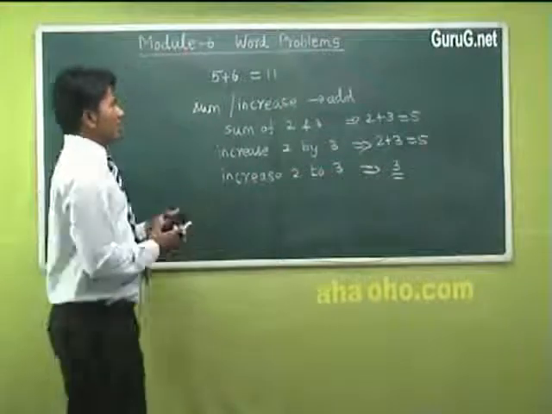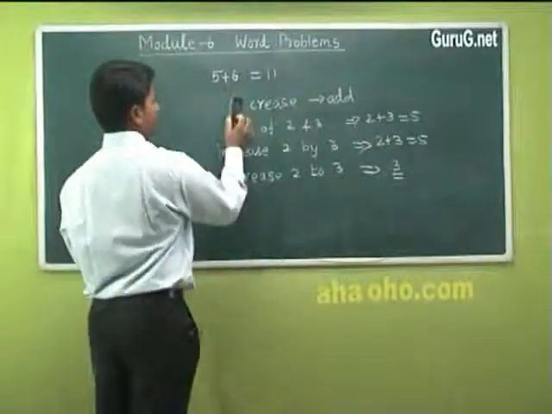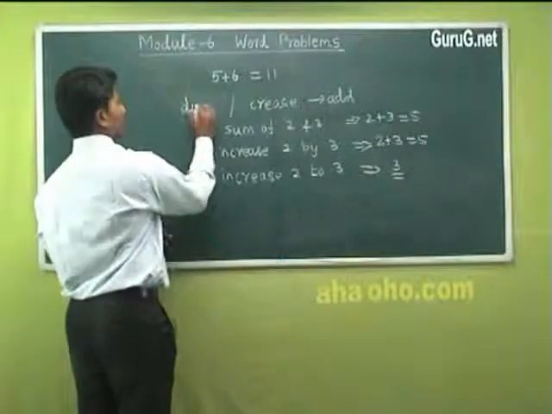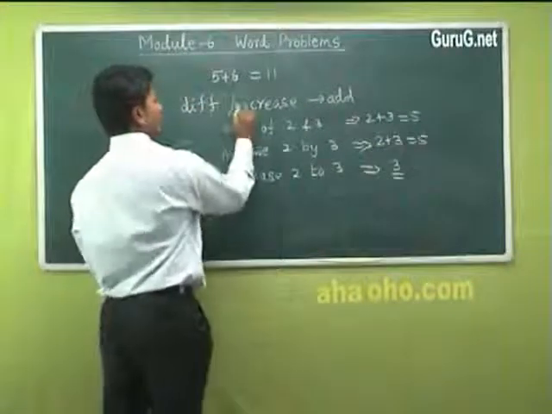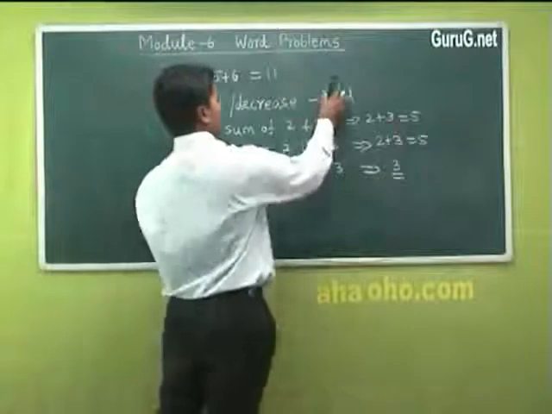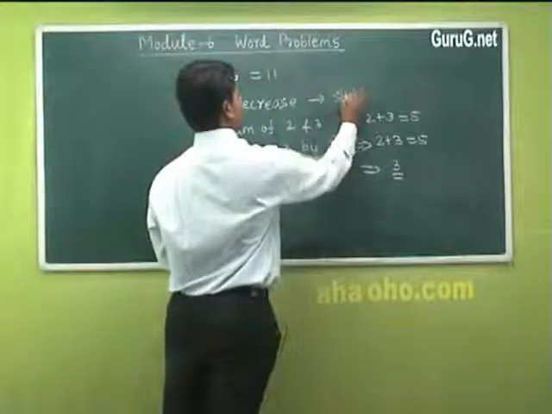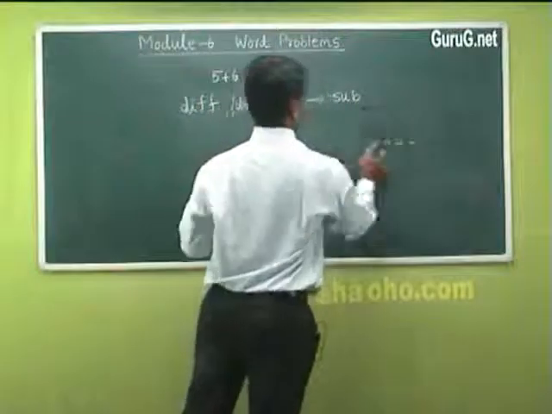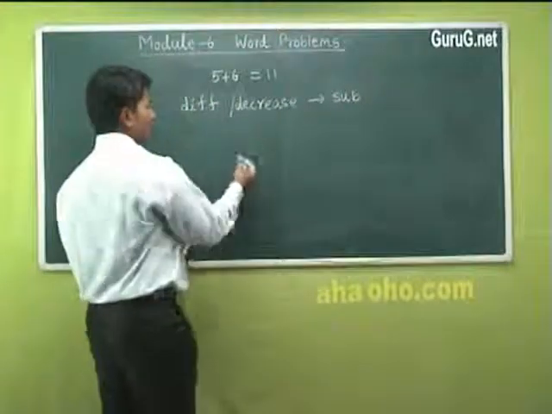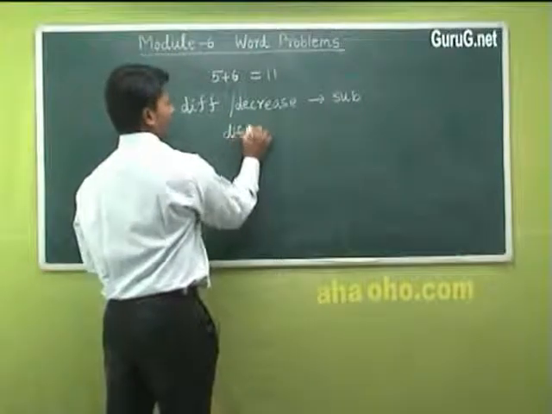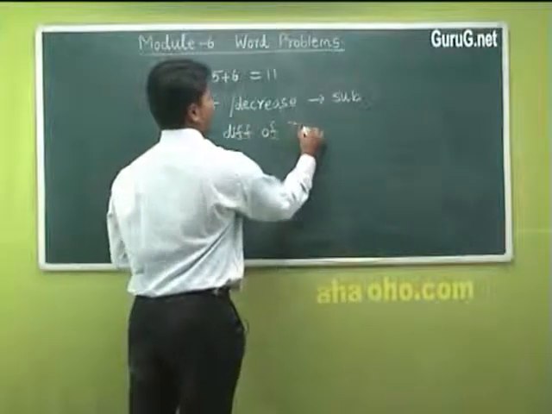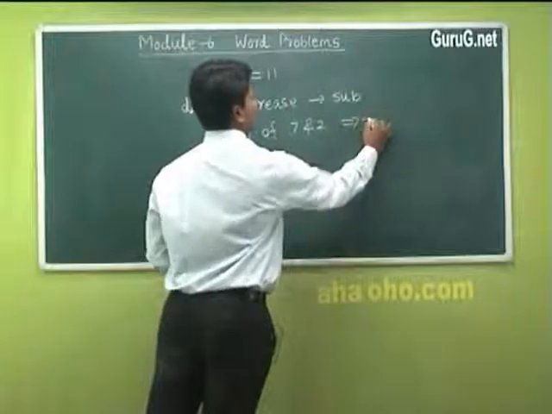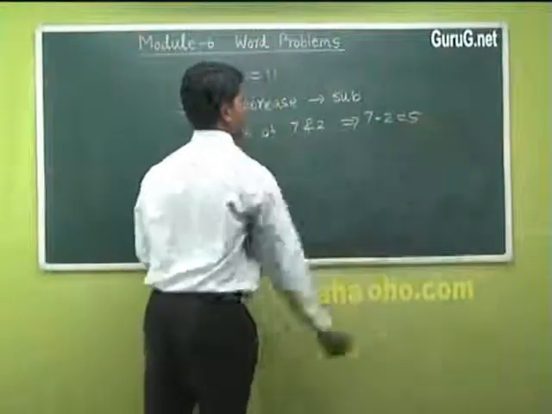Similarly, if it is for difference, then it is called decrease. The operation will be subtraction. In that case, the difference of 7 and 2, 7 minus 2 is equal to 5.